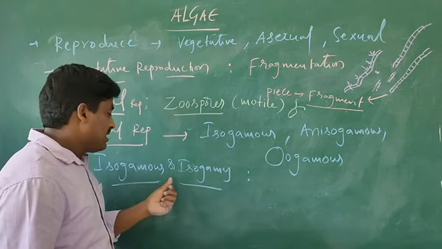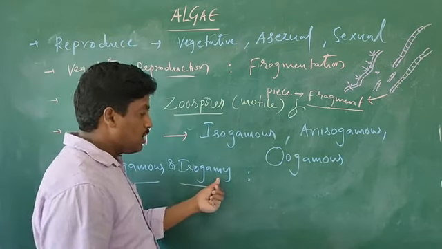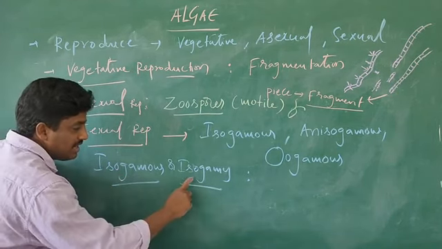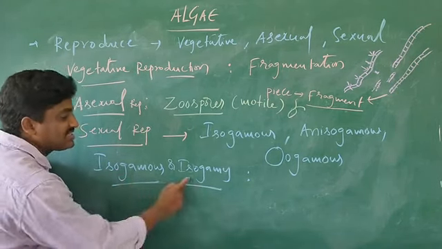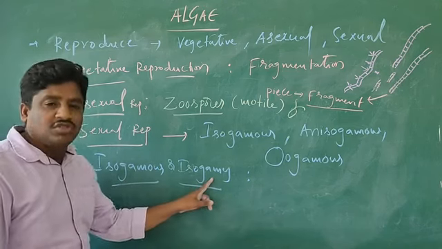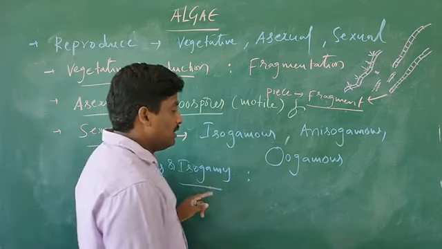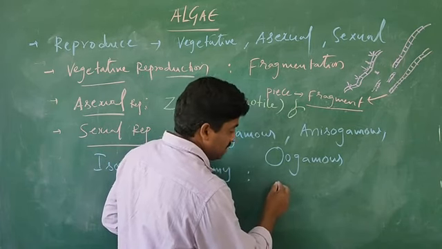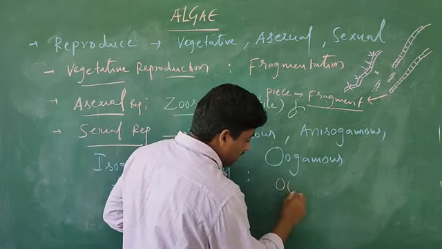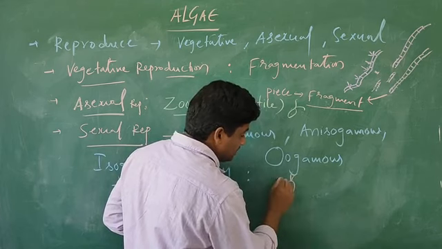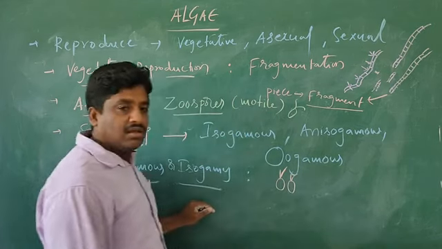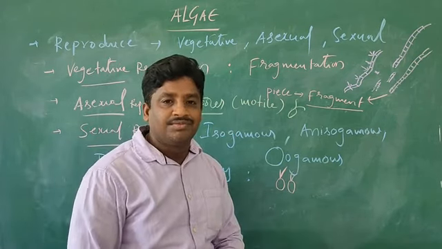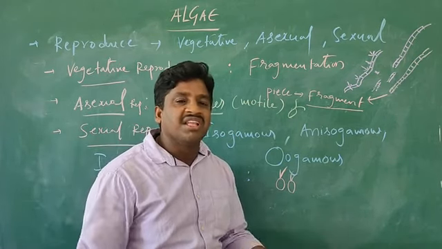So isogamy. Here iso means same, gamy means fusion. Okay, the fusion between two similar gametes. That means the two gametes are similar in size, which is not differentiated as male and female. We are not varying the male and female.